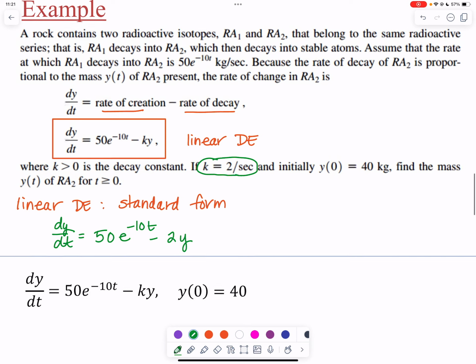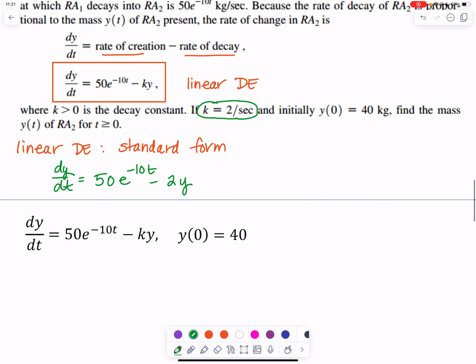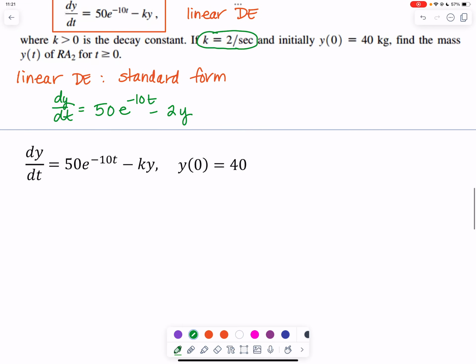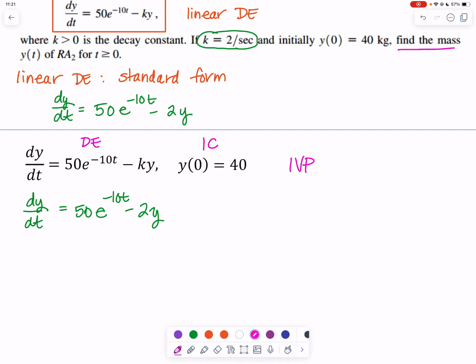Now, let's go ahead and work that below. So we have dy/dt is equal to 50 e to the negative 10t minus 2y. By the way, we do have an IVP: we have our DE, and we have our initial condition, and we are going to be finding the mass y of t for Ra2.